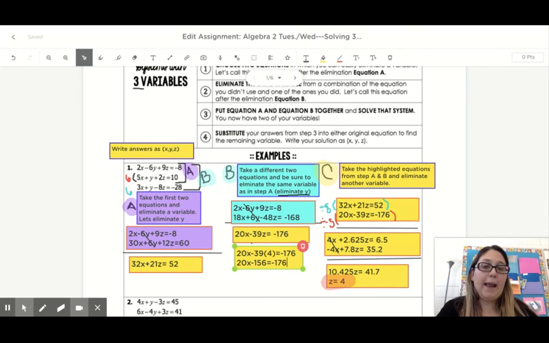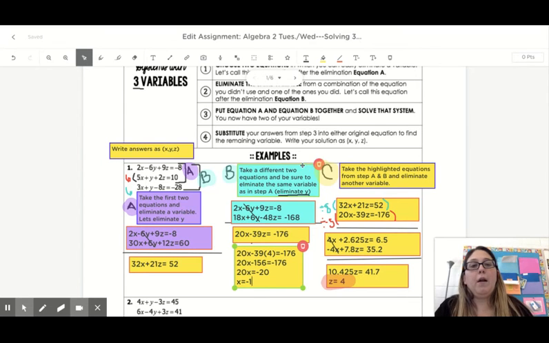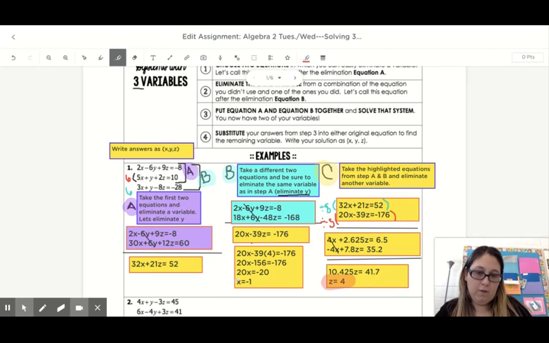And so if I add 156 to both sides, I have a negative 176 plus 156. And so I'm going to get a negative 20. So 20x equals a negative 20. And so x equals negative 1. And so I've now solved for x and z.